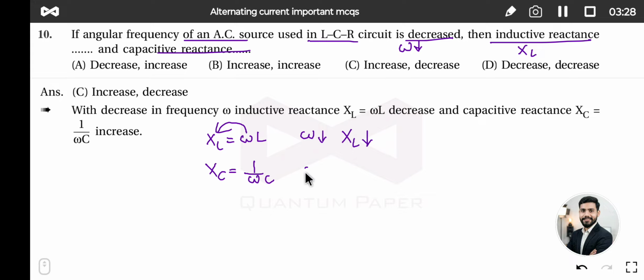In the case of Xc, omega and Xc are inversely related, so if omega is decreased, Xc is increased. So the answer is inductive reactance decreased and capacitive reactance increased, option A is the correct answer, not C.